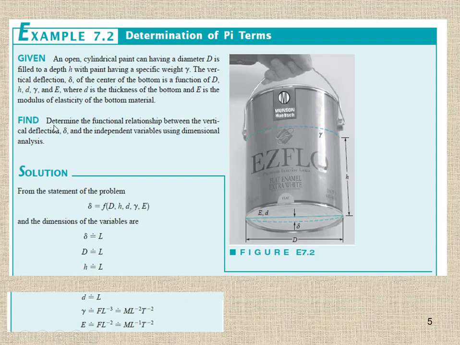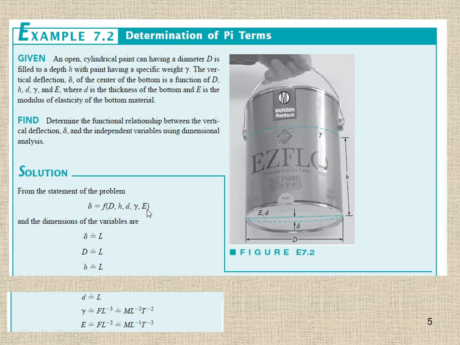So we have to find a relationship between the vertical deflection and the other variables on which it depends. The first step is to determine the total number of variables. Here it is given that small delta is a function of D, h, d, gamma and E.